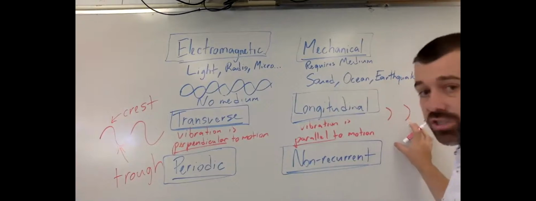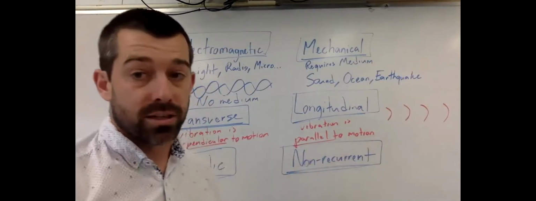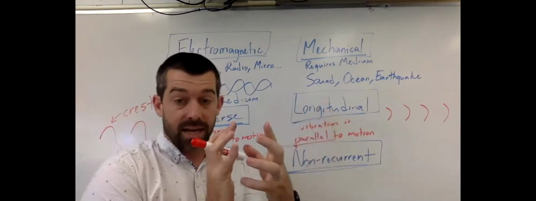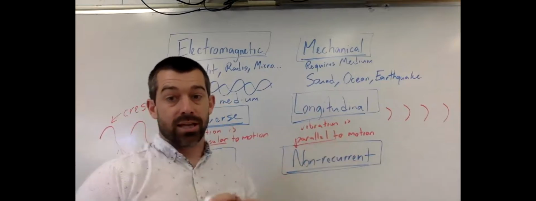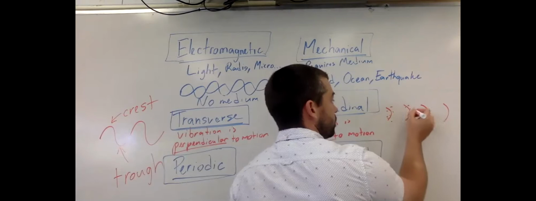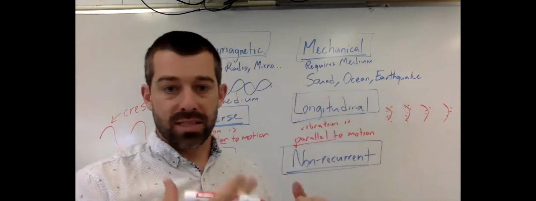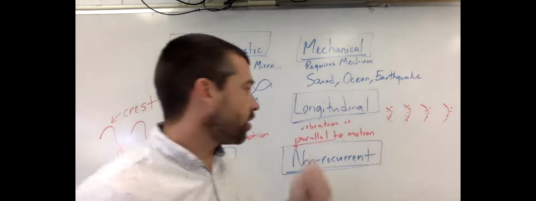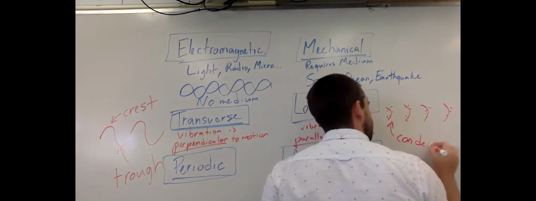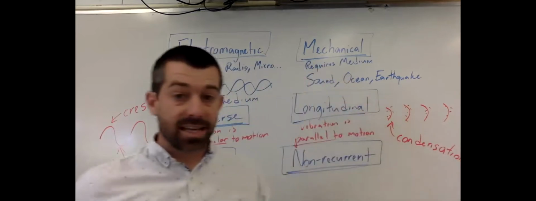When we're talking about longitudinal waves, let's think about sound waves, a really good example of longitudinal. We're compressing the air and stretching the air, basically. So you have these spots where there's lots of air molecules, and then you have spaces between them where there's a lot fewer air molecules. That's what is creating the vibration. We call these condensations.